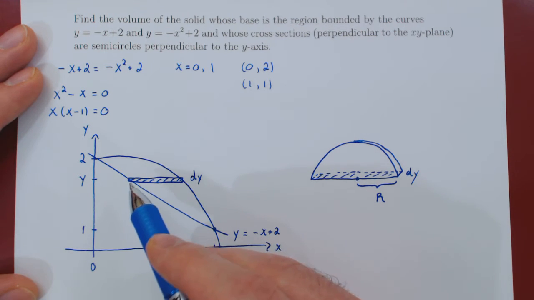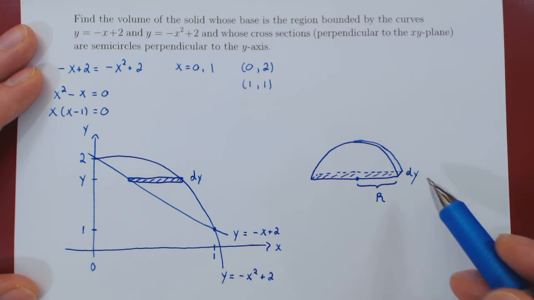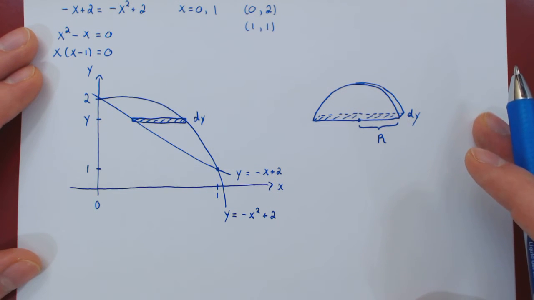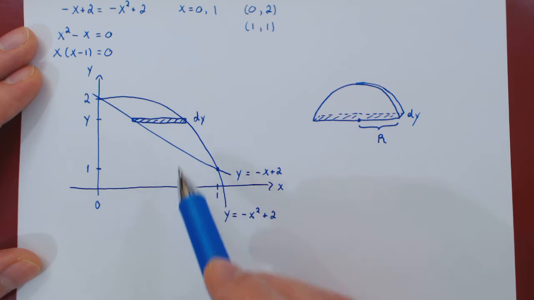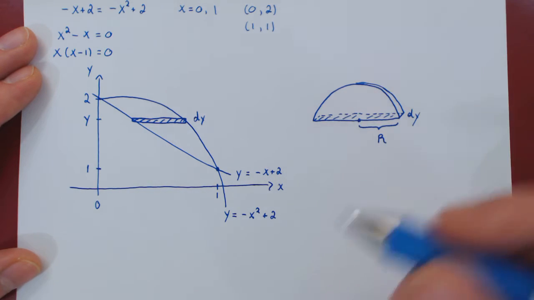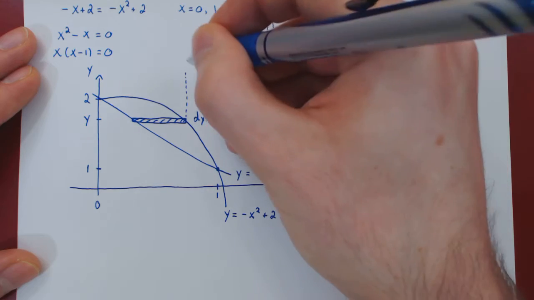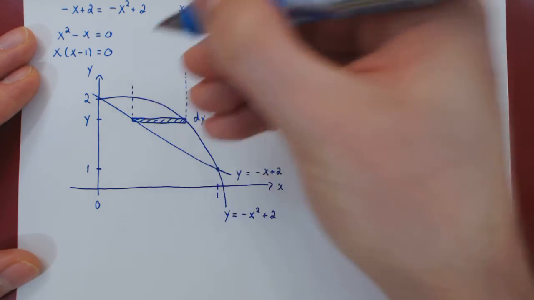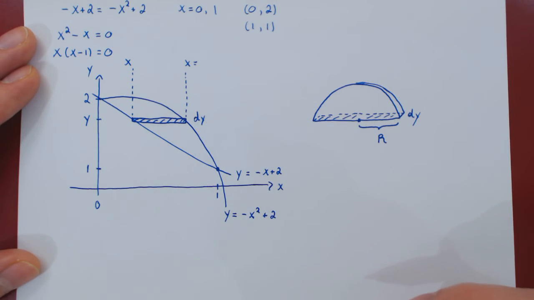So now we need the length of the rectangle. And of course, because we have a dy, everything we measure must be a function of y. So the length of the rectangle is a segment along the x-axis. So we need the larger x value and of course the smaller x value.